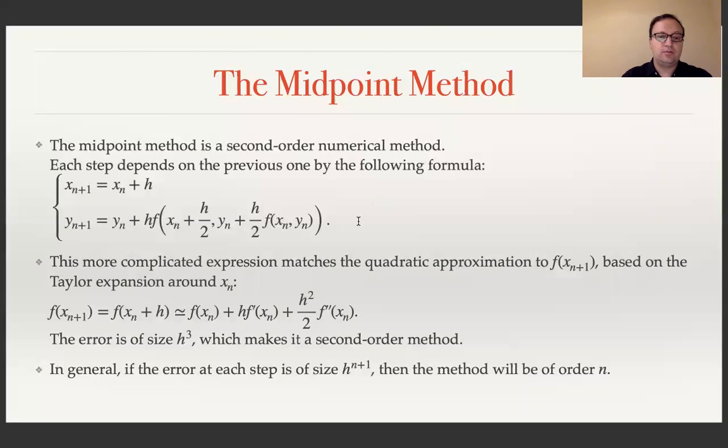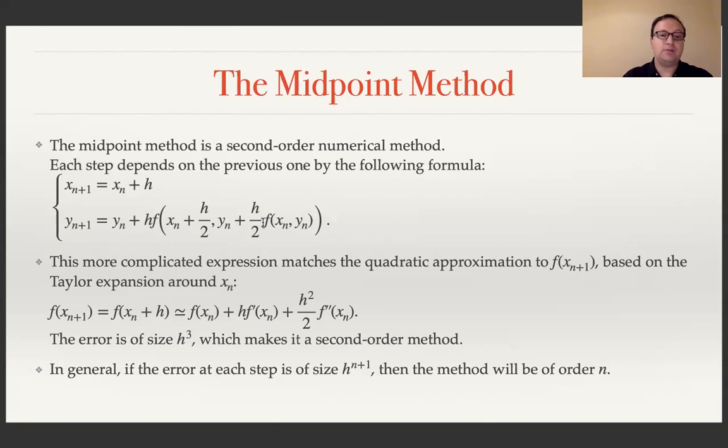However, for higher order methods, the computations at each step become more complicated. So let's look at an example, the midpoint method, which is a second order numerical method. In order to get from each step to the next, as you can see, the formula is significantly more complicated. y_{n+1} is y_n plus h times f of x_n plus h over 2, and y_n plus h over 2 times f of x_n and y_n.